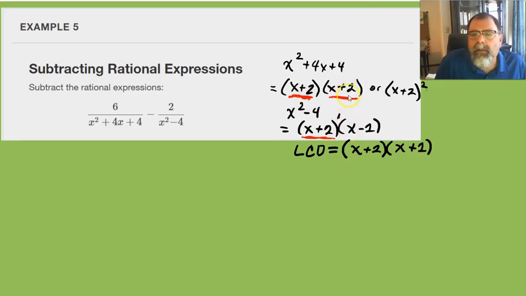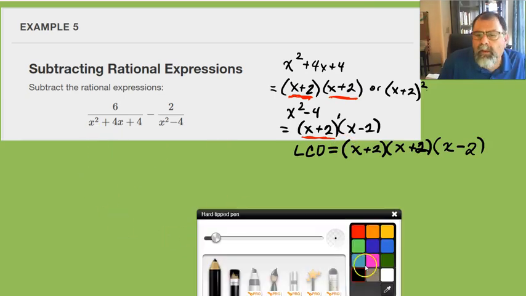So this one's done. Then x minus 2 happens once in this factorization and 0 times in that one, so I need it once. So I have x plus 2, x plus 2, x minus 2.